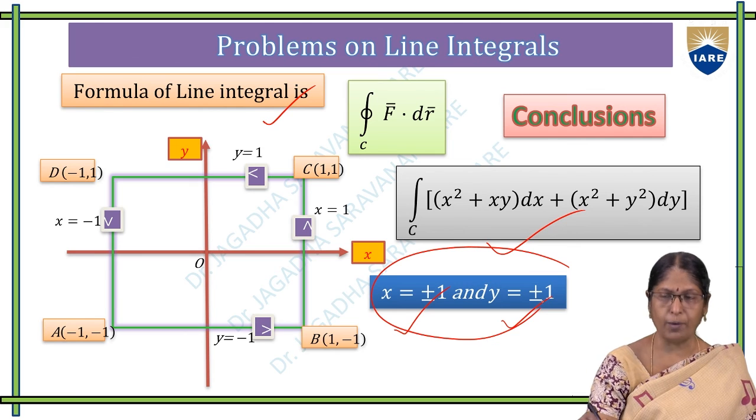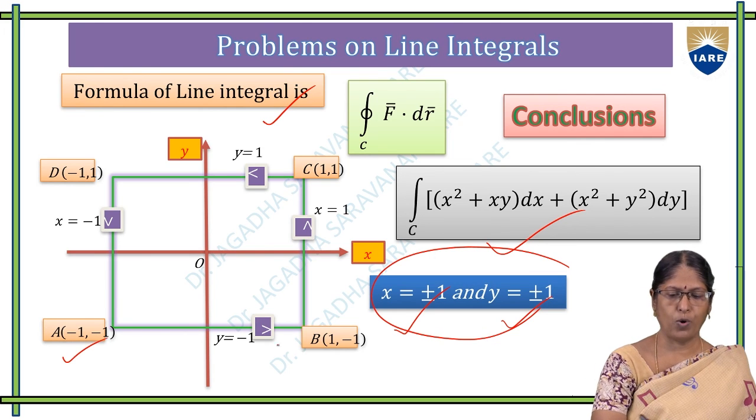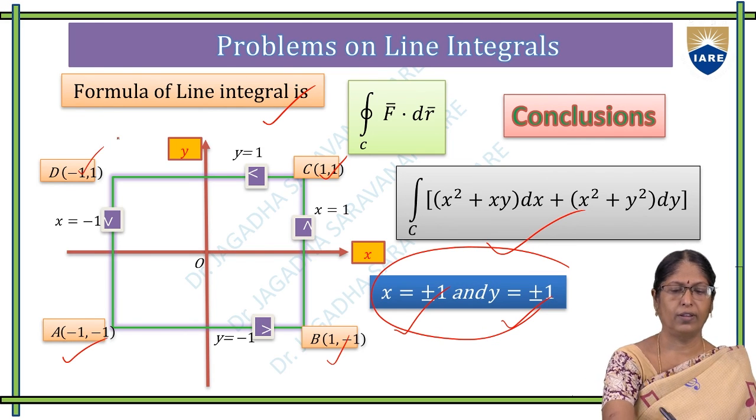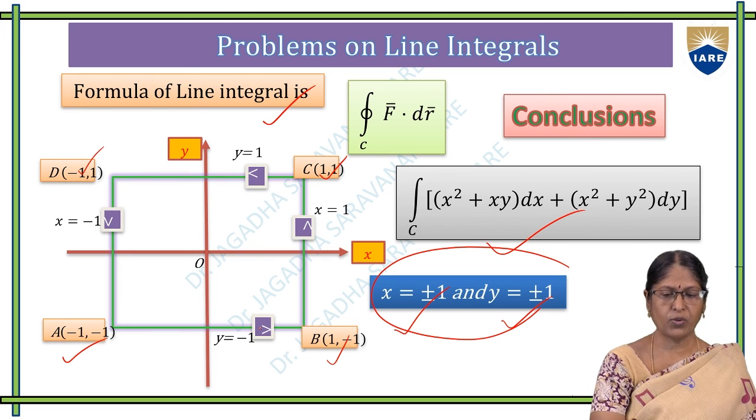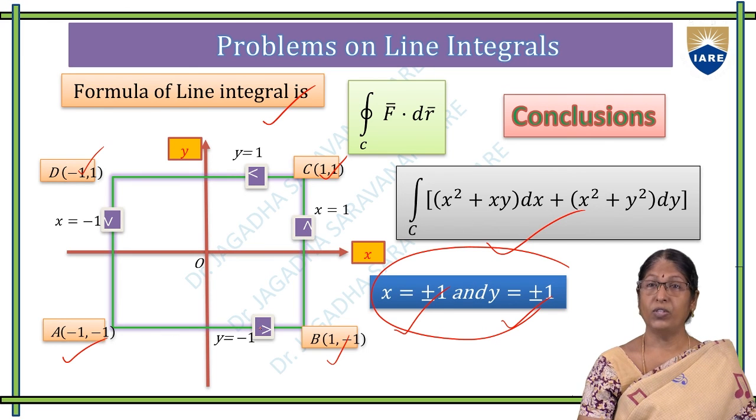With this help, first we plotted the points and joined them, and we got the geometrical figure, a square. We know the directions: it is in the positive, forward direction, and it should be a closed curve.